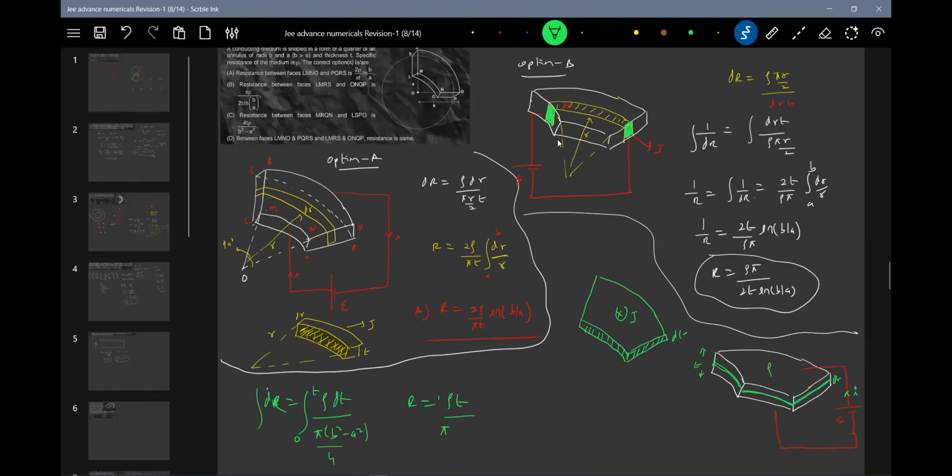R equals 4 rho t by pi into b square minus a square. Pi is missing. Okay, therefore the option may not be possible. Okay, make an observation. We'll take one more problem. We have time.